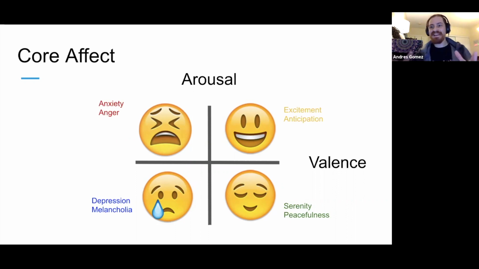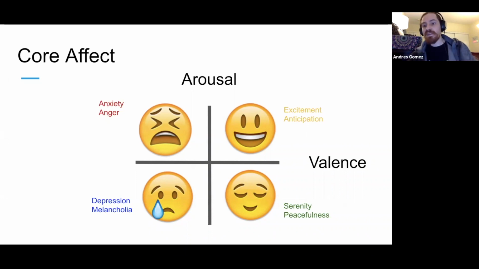Surprisingly robust, two dimensions emerge from co-occurrences of words, or even descriptions of behavior. These two axes, arousal and valence, seem to account for something like 60% of the variance in the information emotional words contain.